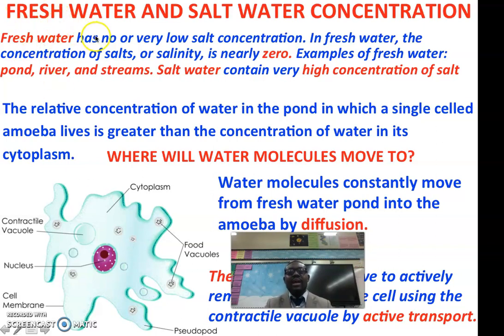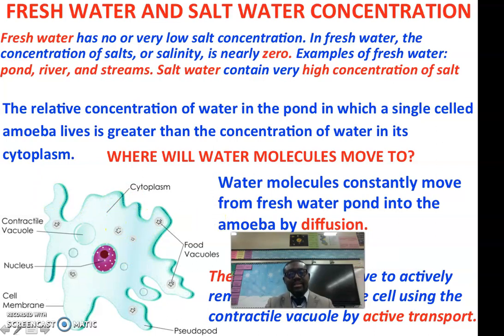Remember, fresh water has low to no salt concentration. So that means that the concentration of salt molecules in the amoeba cell is greater than the concentration of salt molecules inside the pond of fresh water. If the concentration of salt is higher in the amoeba cell, that means the concentration of solvent or water molecules inside the amoeba cell is lower.